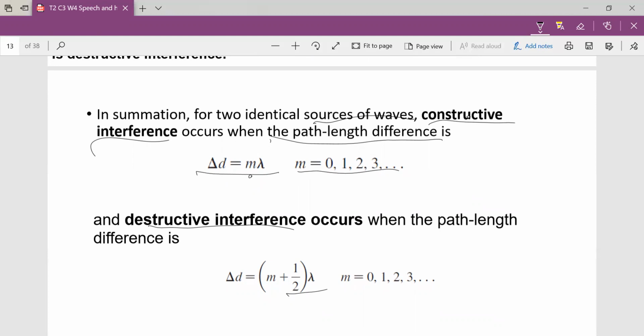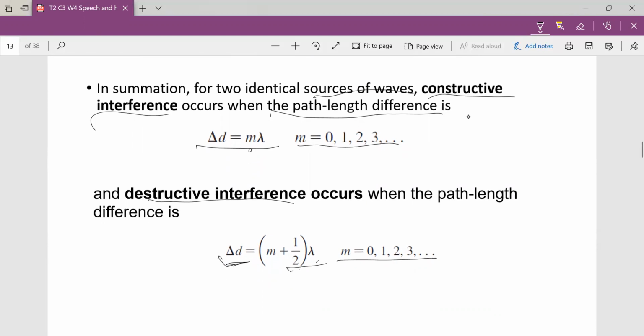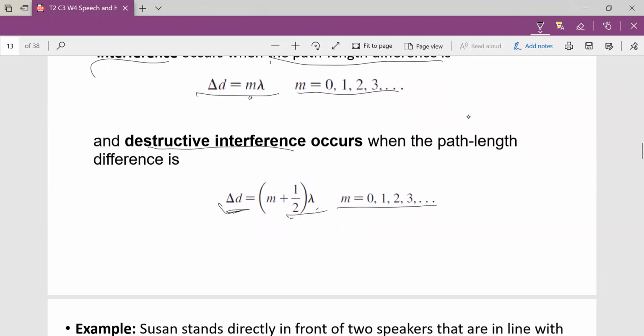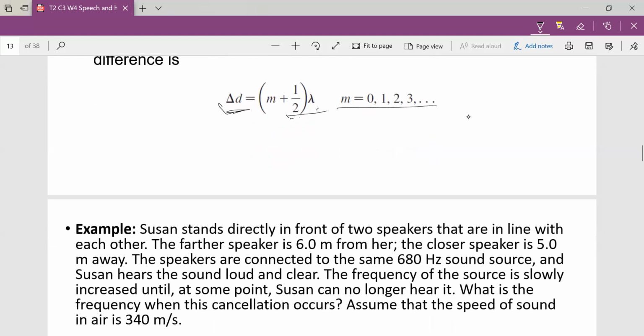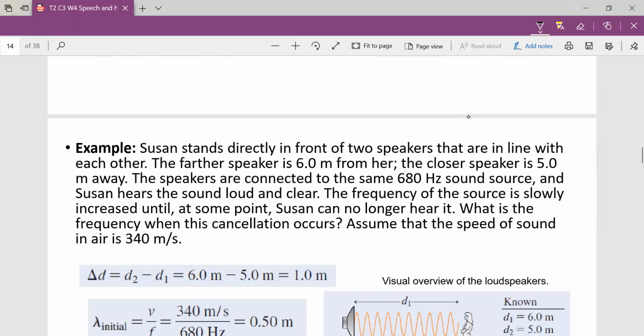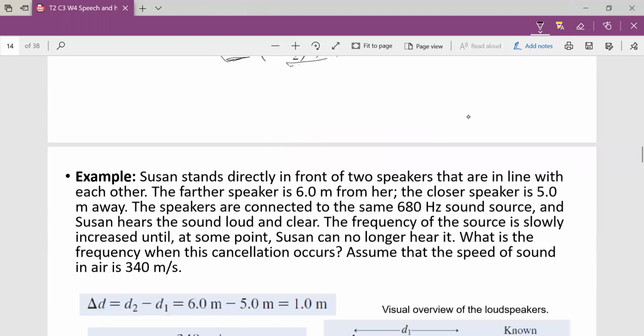We have the path length difference, change in D equal to M plus half lambda, where M is an integer as well. So let's see an example to see how we can apply that to solving problems.